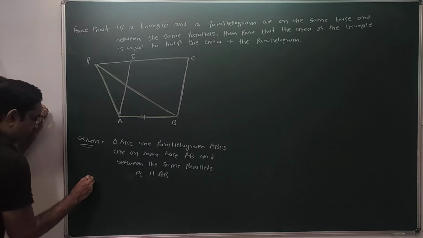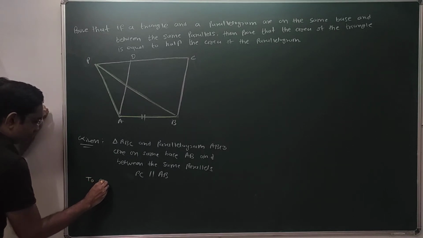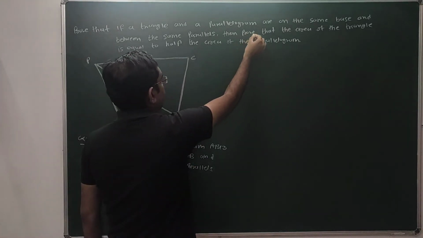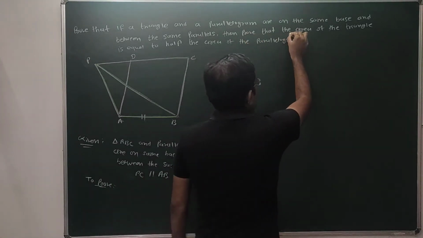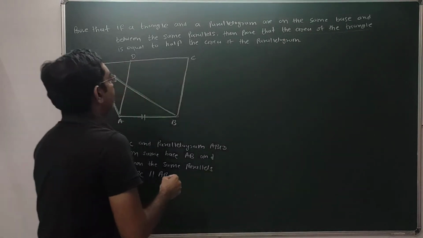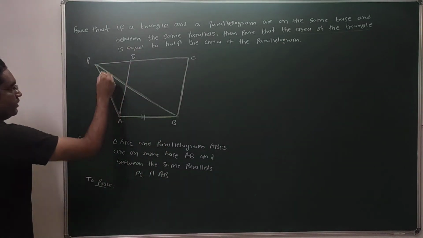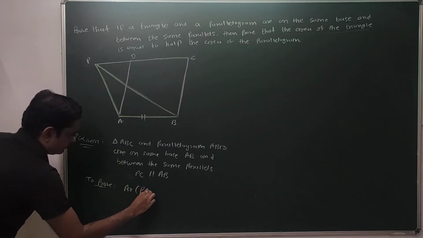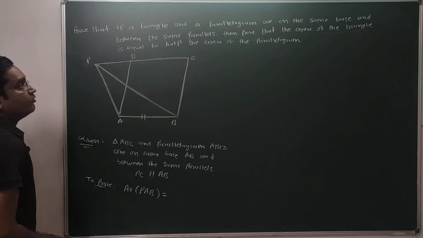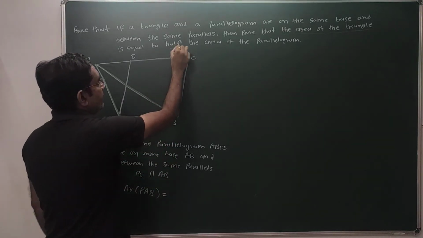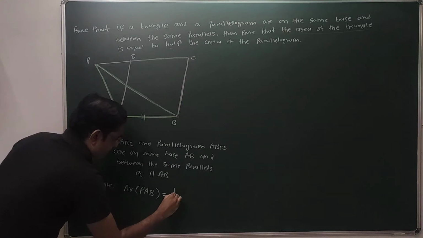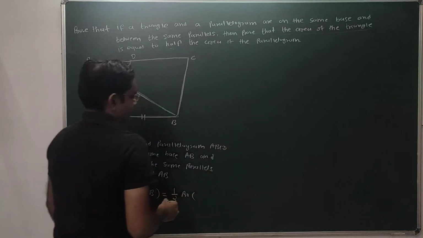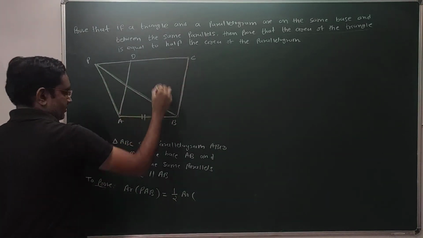For that, what do we have to prove? We have to prove that the area of triangle PAB is equal to half, 1/2, of the area of parallelogram ABCD.